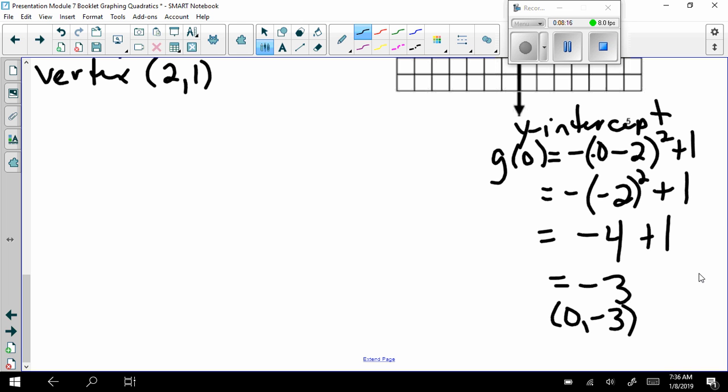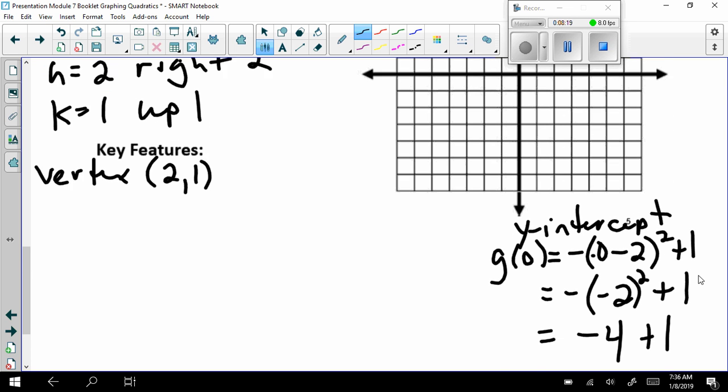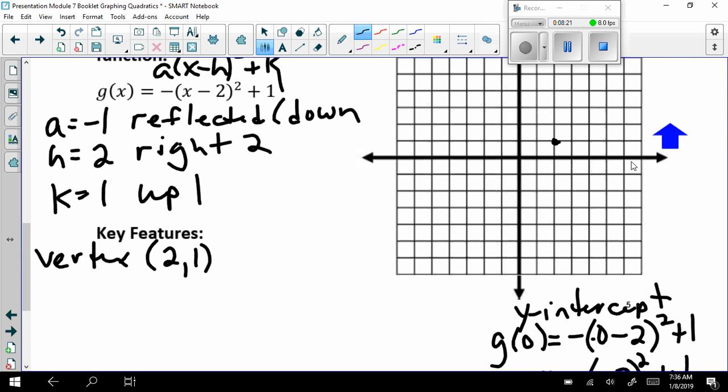So I'm going to go back to my graph, and I'm going to plot the point 0, -3. So to the left and right 0, and down 1, 2, 3. So my y-intercept is right there. My axis of symmetry is x equals 2, which I've drawn in red.